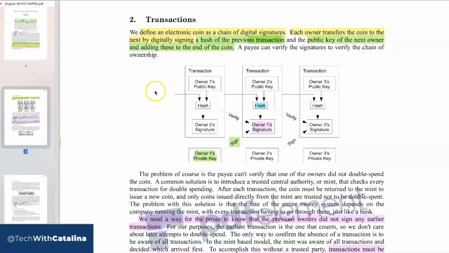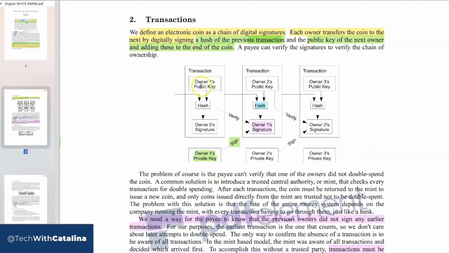Basically here what Satoshi is saying is that whenever I create a transaction, I am signing the hash of the previous transaction, and at the same time I am signing the public key of the next owner who is going to receive the funds. And here in this graph you can see exactly what I have just mentioned.